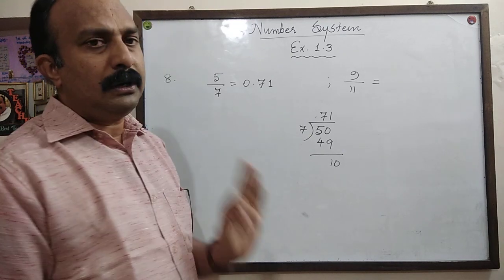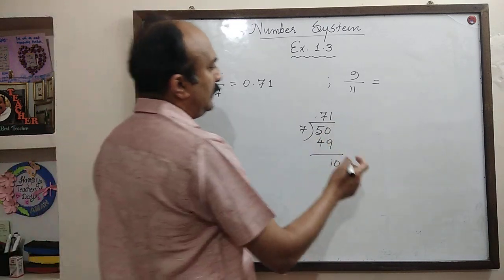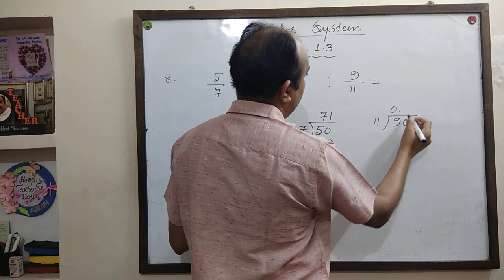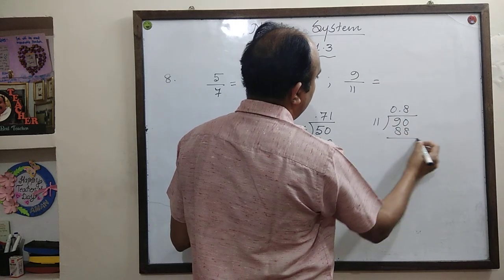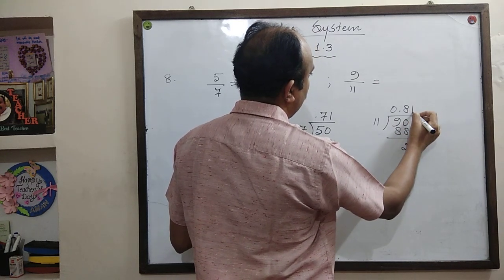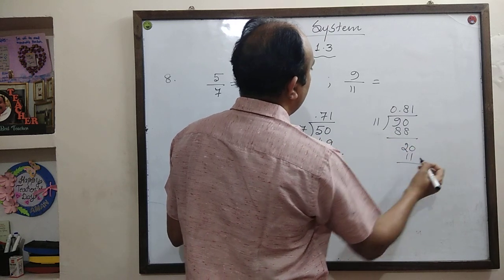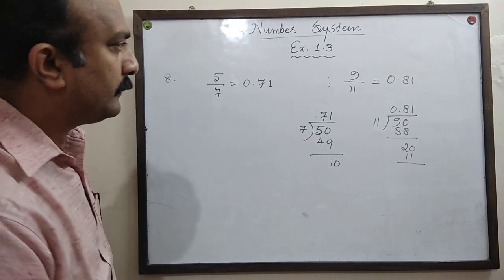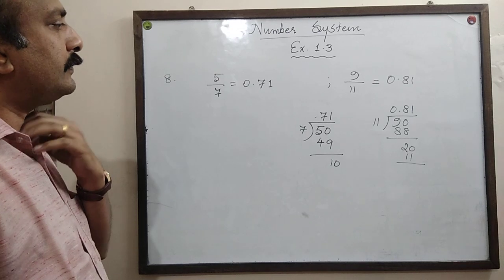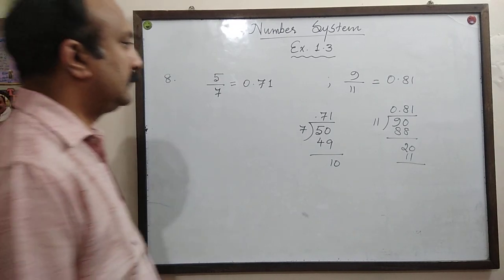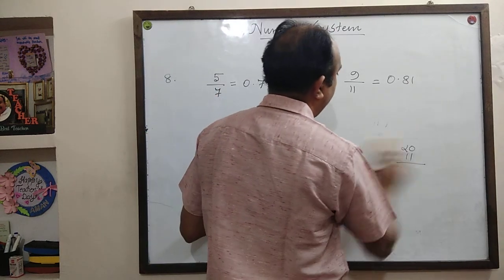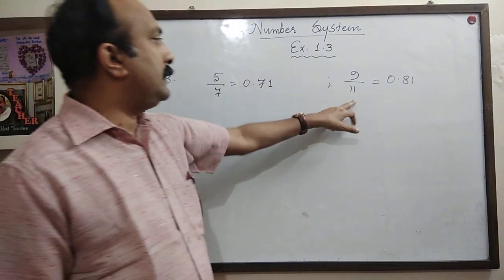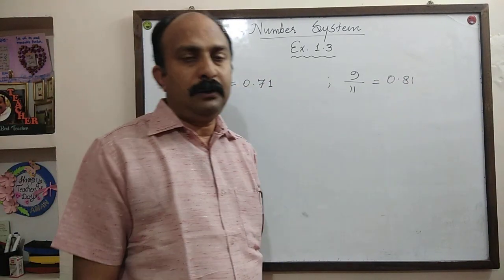Whether it is terminating, non-terminating, no problem. Similarly, find the value of 9 upon 11. 0.821. So it is approximately 0.81. So see, the decimal value of the given numbers are 0.71 and 0.81.